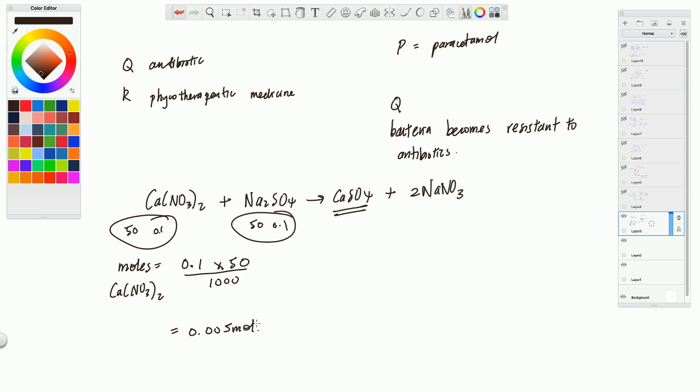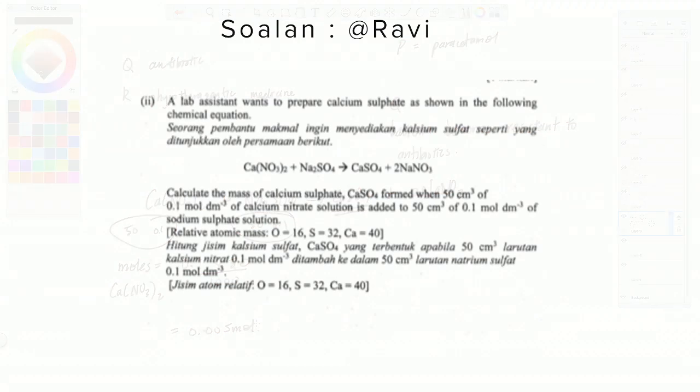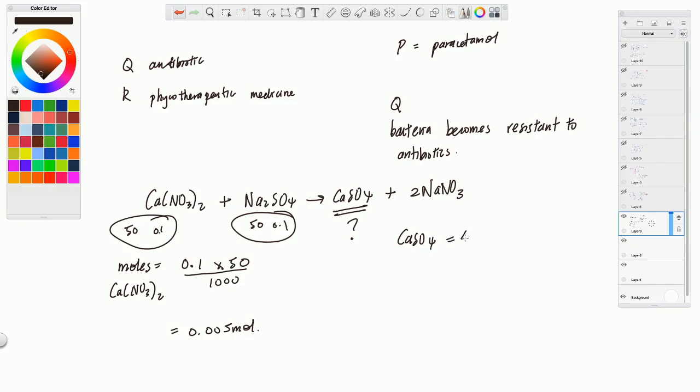Okay? Now, what happens is they're asking you to count the mass. Jisim calcium sulfate yang terbentuk. Okay? How much of this? So first, you need to calculate the molar mass of calcium sulfate. Calcium is 40, sulfur 32, oxygen 64, 16 times 4.